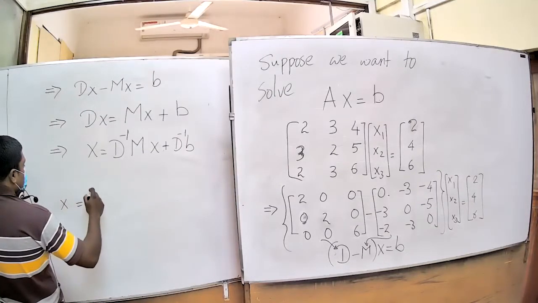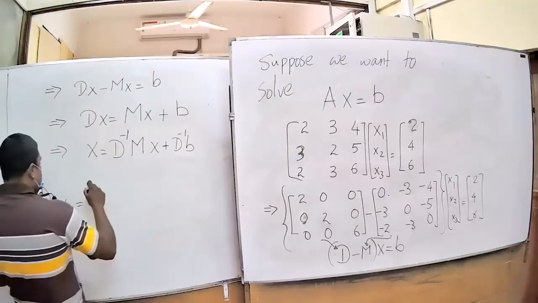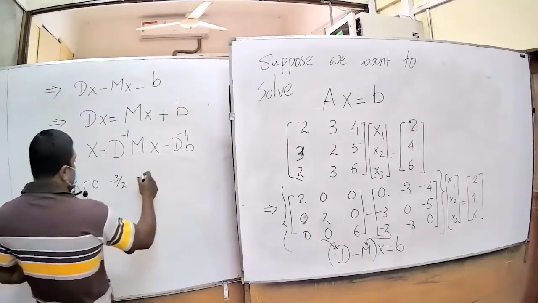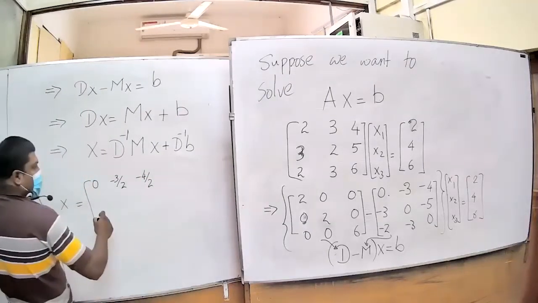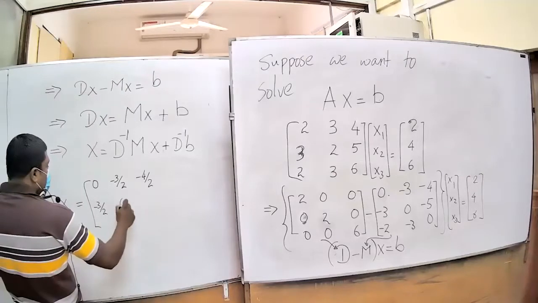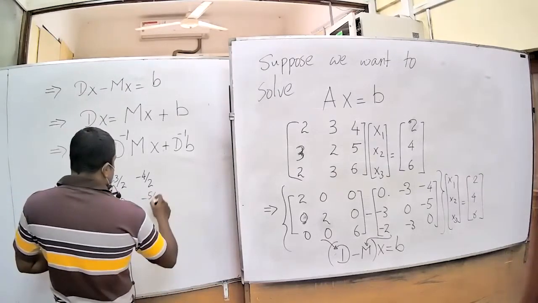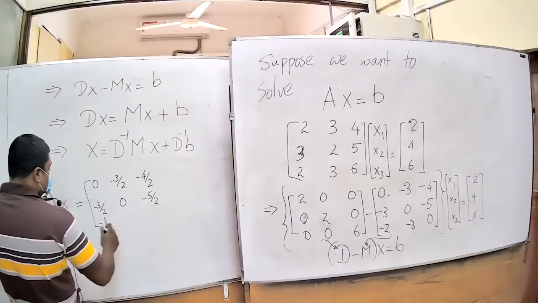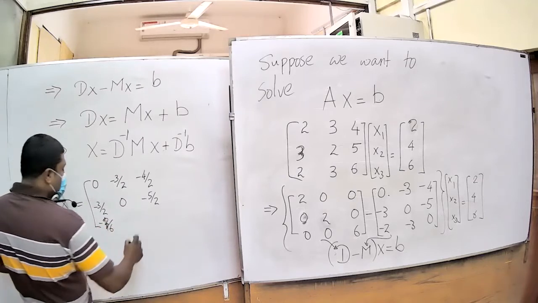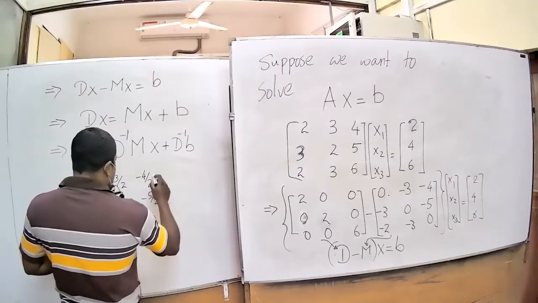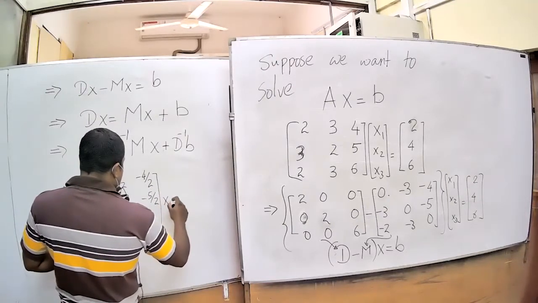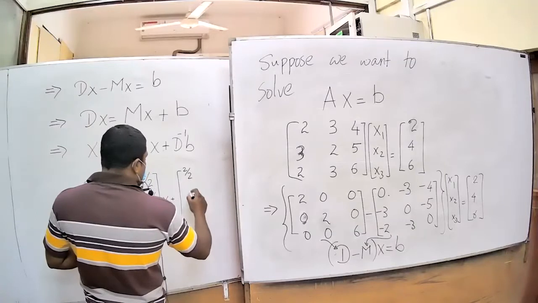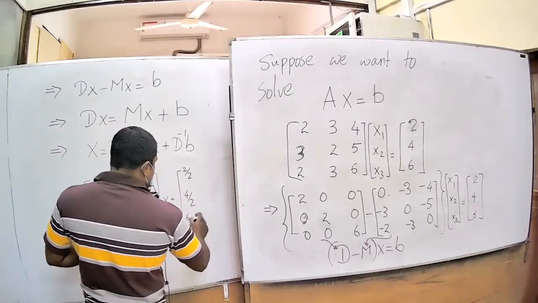Your X is equal to D inverse M, which is going to be like this: 0, minus 3 over 2, minus 4 over 2; minus 3 over 2, 0, minus 5 over 2; minus 2 over 6, minus 3 over 6, 0, times X plus D inverse B, which is 2 over 2, 4 over 2, 6 over 6.